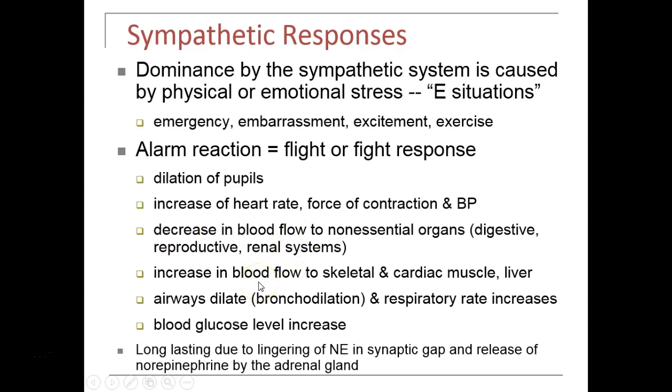The essential organs in our body include, well, I didn't write all of them down, but skeletal muscle, cardiac muscle, your liver, your brain, and your lungs. Let me tell you why. Your brain needs more blood flowing to it because you have to think very clearly.